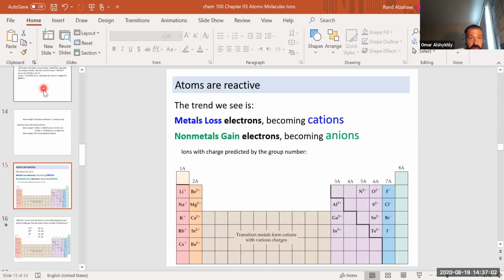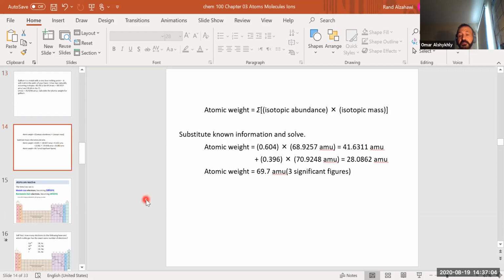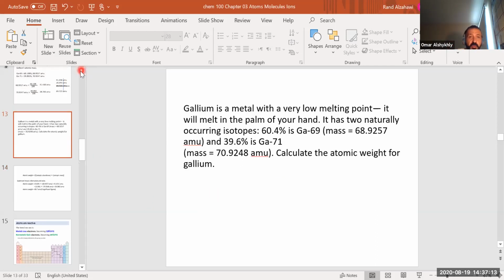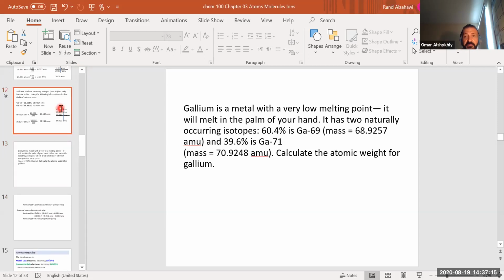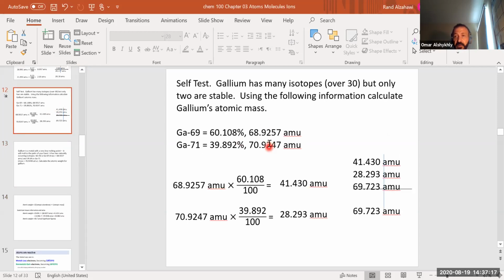Guys, just one thing. Be careful, guys. When I ask you for the average atomic weight, don't just use these two masses, add them together, and divide by 2. No, that doesn't work. For example, if I have two masses, two isotopes, and I ask you for the average atomic weight, don't just add them together and divide by 2. I have some students who do that.